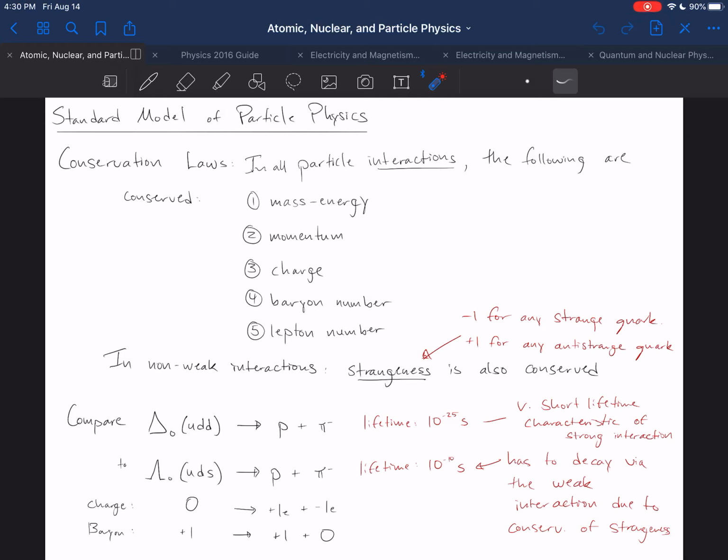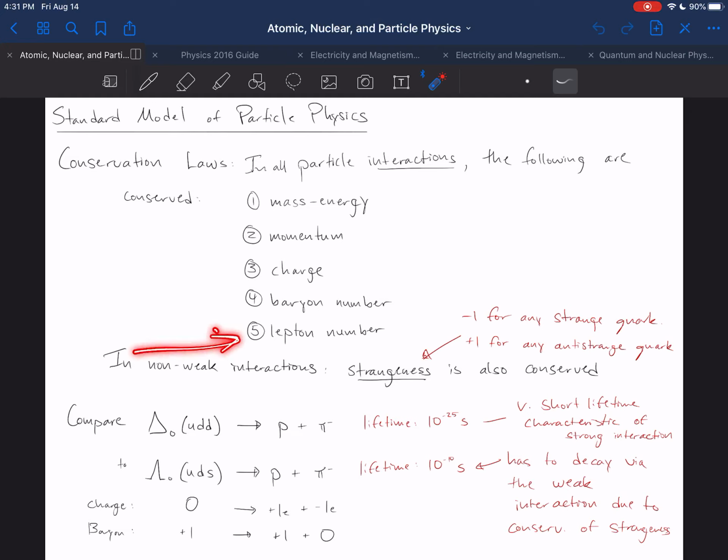in particle interactions. And the main ones we're going to look at, so your go-to tools, will be charge, baryon number. Remember, baryon number is +1 for any baryon, and -1 for any antibaryon, and 0 for anything else. And that comes from each quark having a baryon number of +1/3, and every antiquark having a baryon number of -1/3.